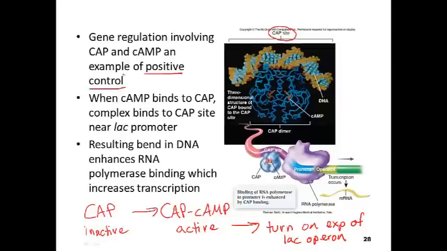Just as a repressor showed negative control because it turned off gene expression, CAP regulation is an example of positive control for this operon because it upregulates gene expression. And it does so by binding a unique site just upstream of the promoter.